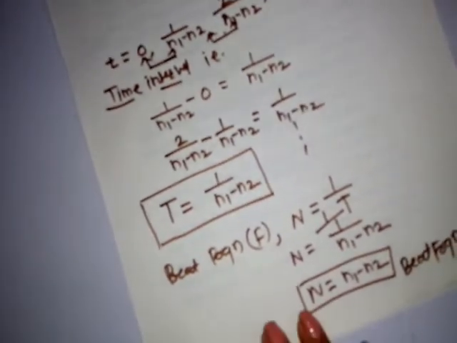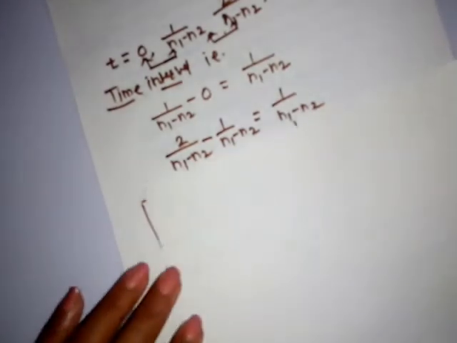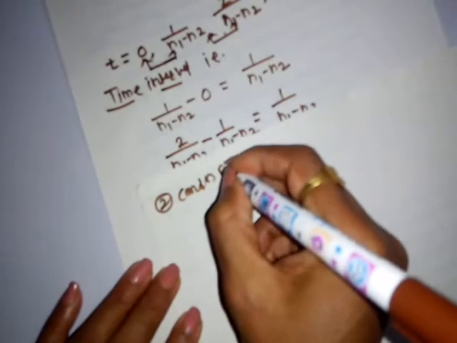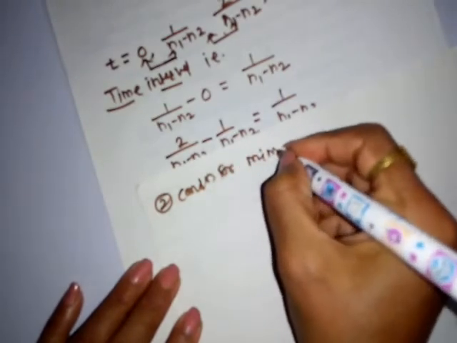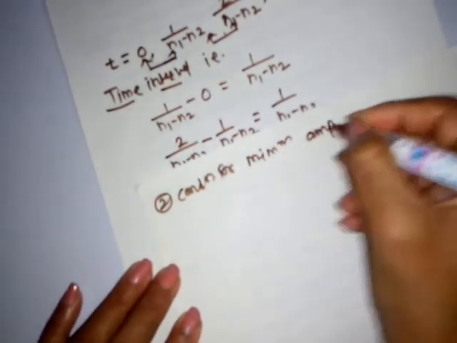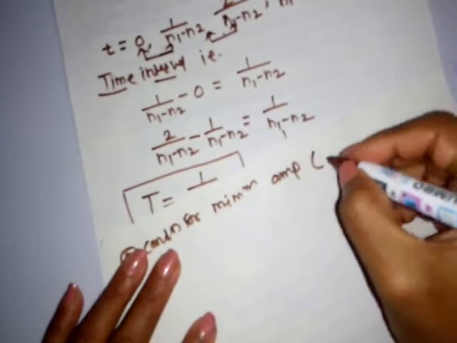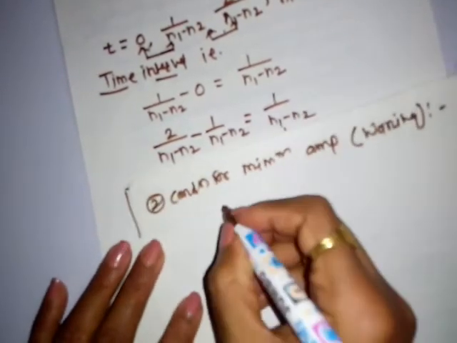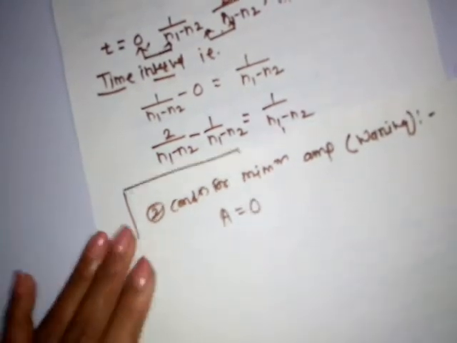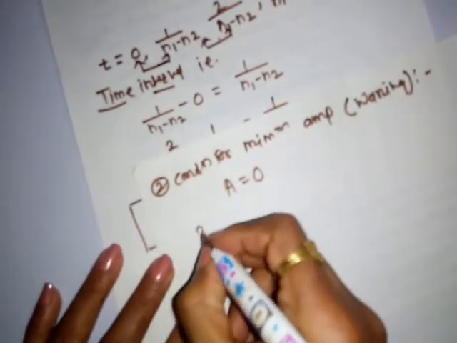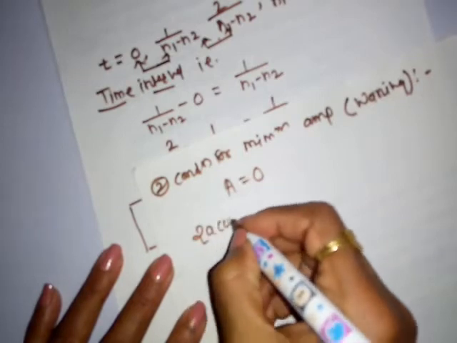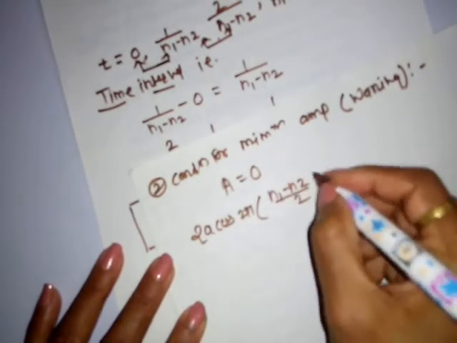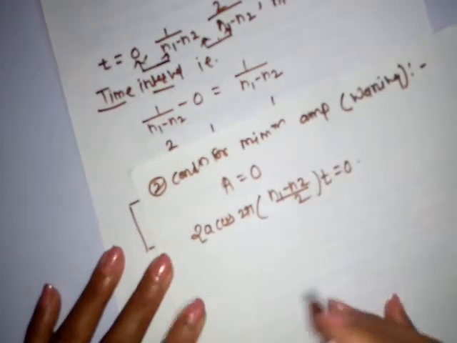Now the second condition is the condition for the minimum amplitude. That minimum amplitude point we call a waning. Means amplitude minimum means A is equal to 0. Now we know very well the value of A is 2a cos of 2 pi (n1 minus n2) upon 2 into t is equal to 0.